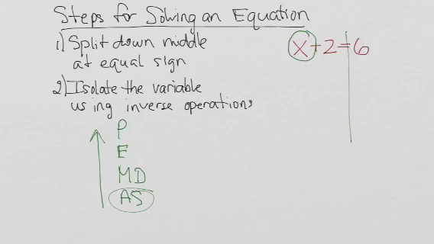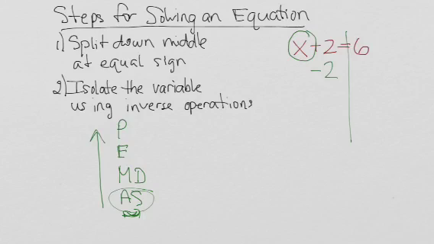We are going to get rid of adding and subtracting numbers first. And we've got an add 2 number right there. That's the number we're going to get rid of first. And we get rid of it by doing its opposite. And they're already lined up to tell you what are opposites. Add and subtract are opposites of each other. So over here, the opposite of add 2 is going to be subtract 2.